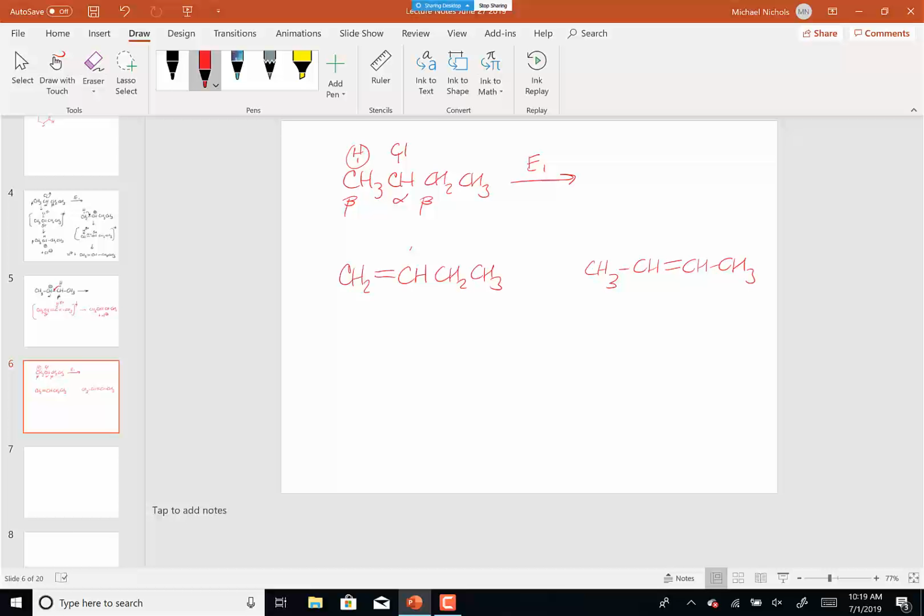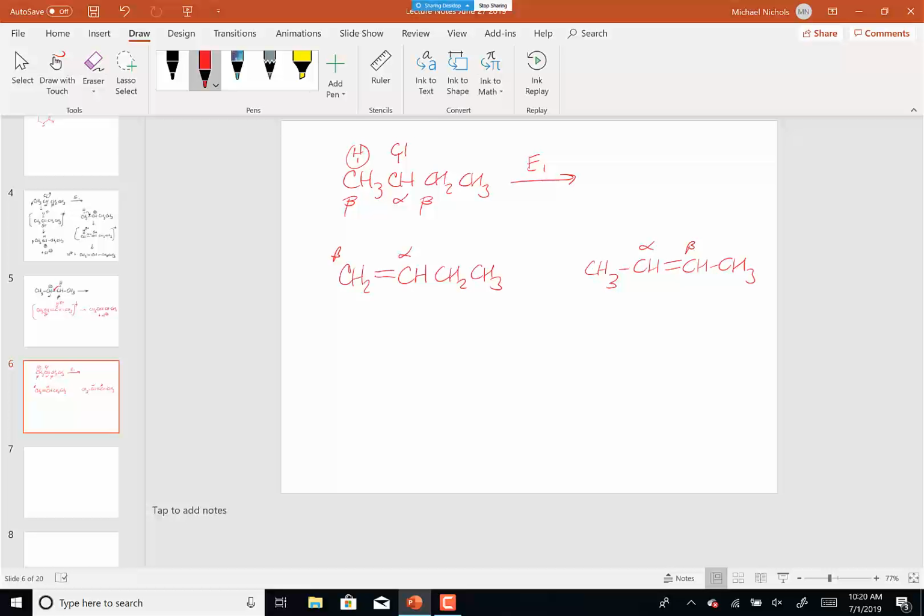And notice again that what I did was I lost the beta hydrogen, I lost the leaving group halogen, and I formed a double bond between the alpha and the beta carbons. So to write these products, you don't need to know anything about the mechanism, but you still do.